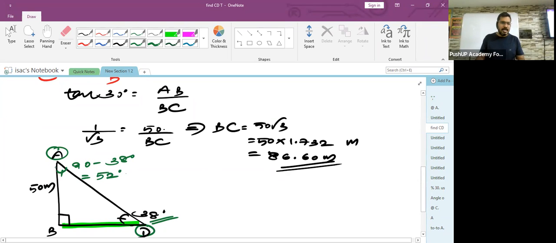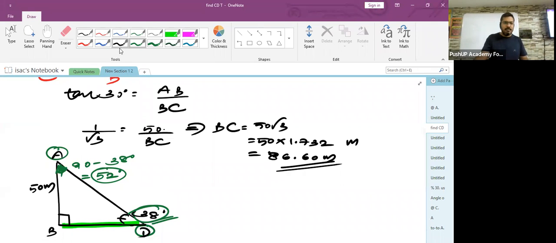So this angle will be 52 degrees. Instead of using 38 degrees as the reference angle, this time when you do calculation, take 52 degrees as the reference angle. I repeat, instead of taking 38, take 52 degrees as the reference angle.